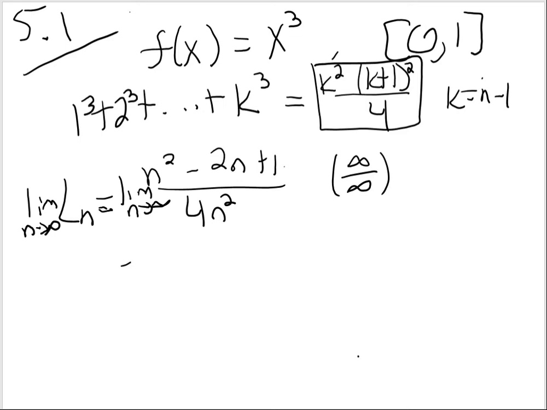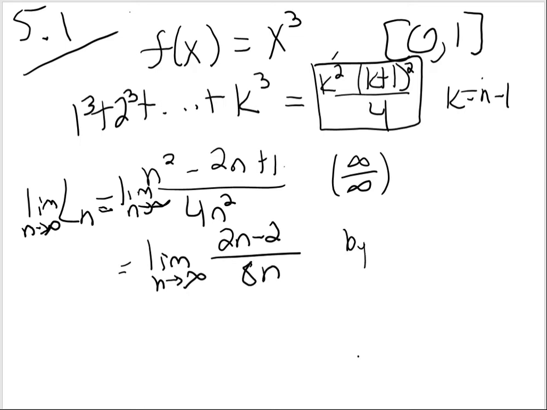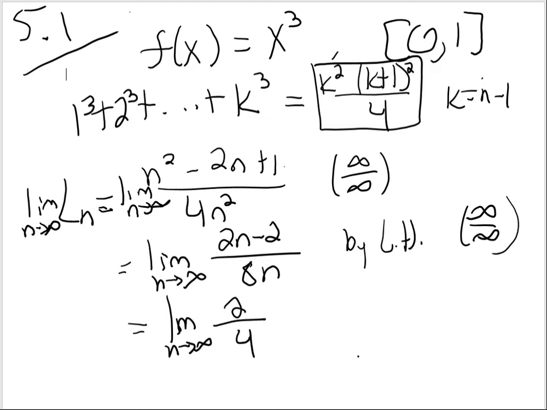So by L'Hopital's rule, you take the derivative of the top, 2n minus 2, divided by the derivative of the bottom, 8n. And that's also going to give us infinity over infinity. So you take the derivative again. You will get 2 over 8, or 1/4, by L'Hopital's rule, which is exactly what I told you the true area was earlier.